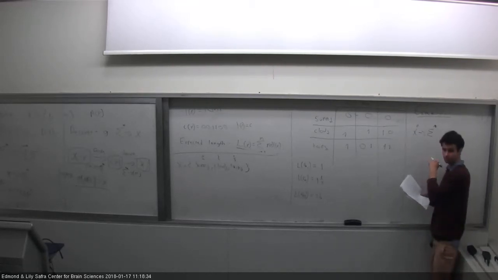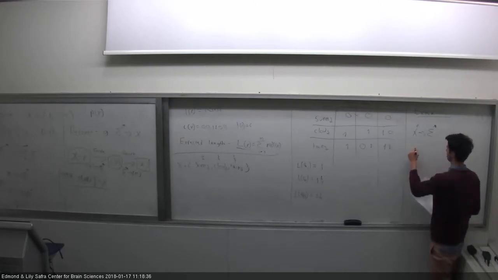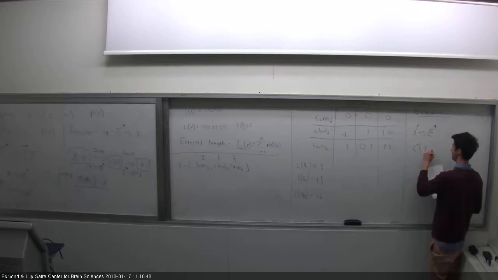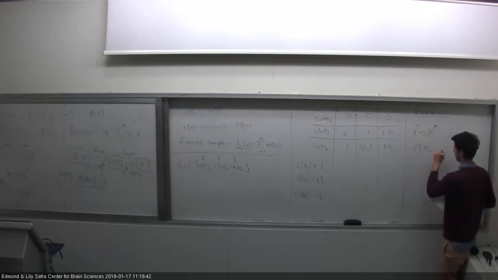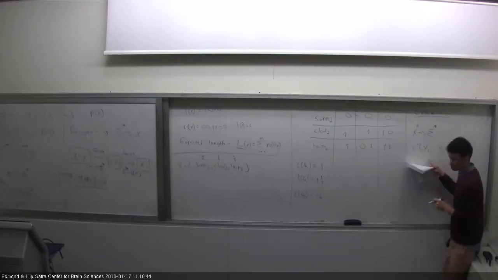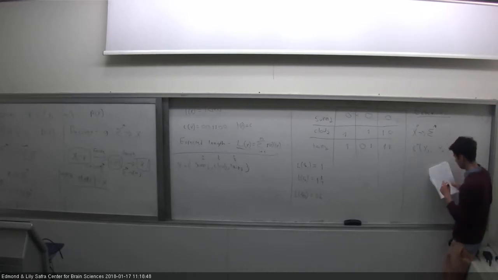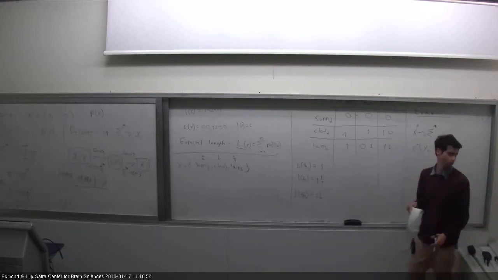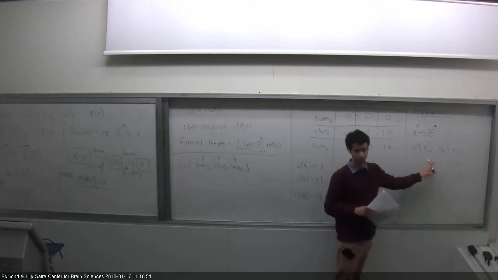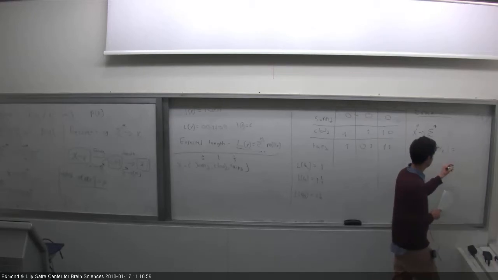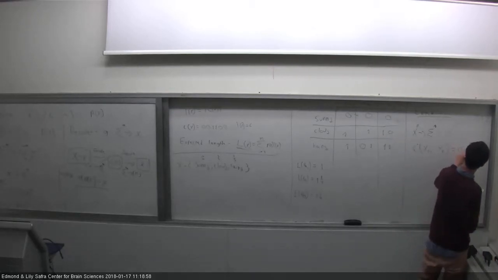What is exactly this mapping? It takes n messages, and it is the concatenation of the individual codes.